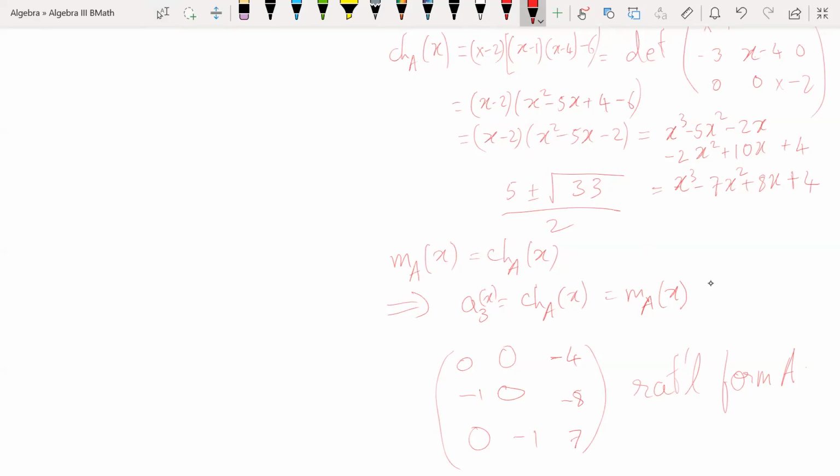This tells you what the rational form will look like.